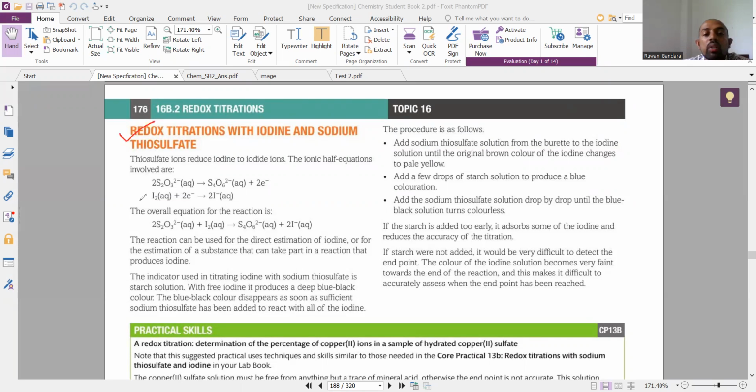So what we have to do is redox titration with iodine and sodium thiosulphate. And these are the equations.